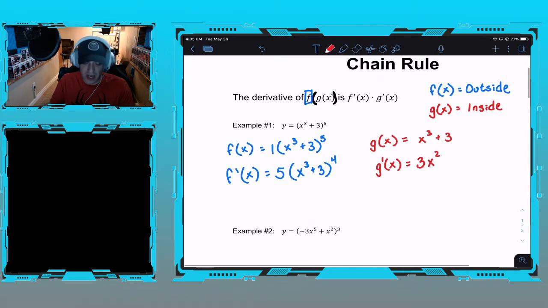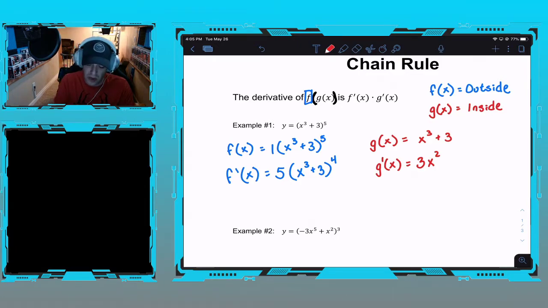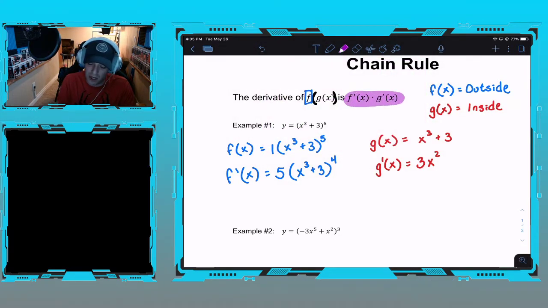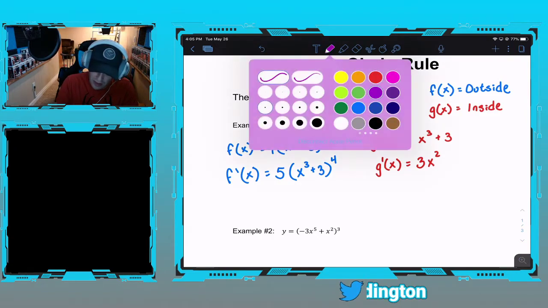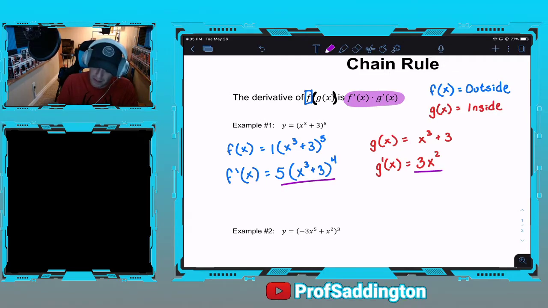But yeah, now that I have both those derivatives, the chain rule states that if you start off with the composition function, if you have something on the inside and something on the outside, all you have to do is take the two derivatives and multiply them together. So now if I want to completely solve this problem, I'm just going to multiply them.